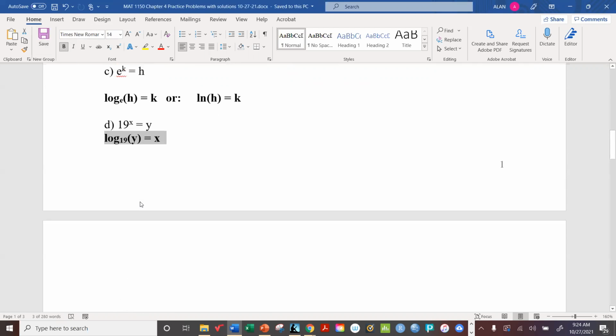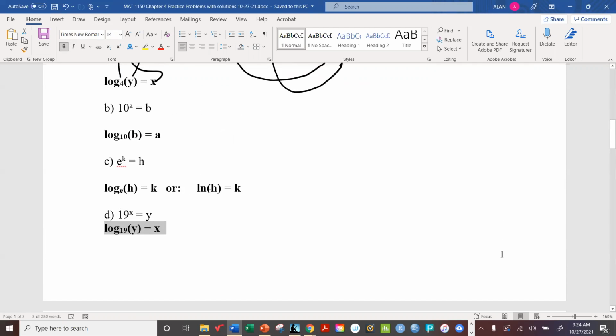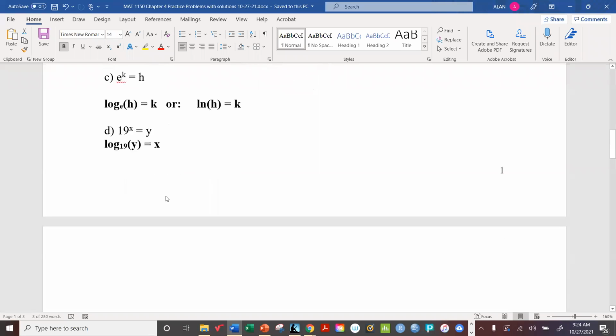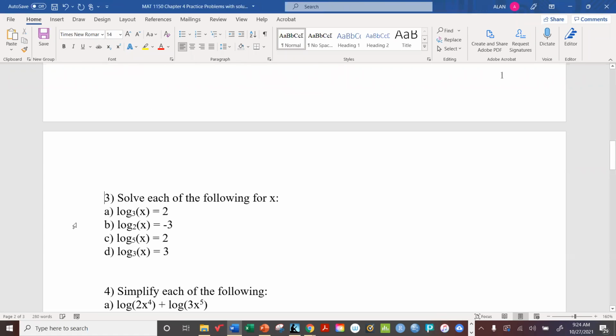All right, now we can deal with some actual numbers. These are, like I said, very abstract. This is just to quickly remind you how this function and this equation are the same thing. But now we're going to get to the point where we're actually solving.